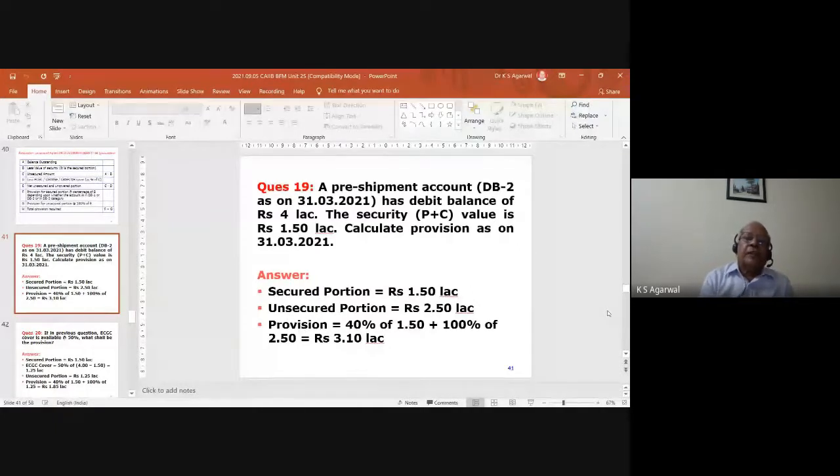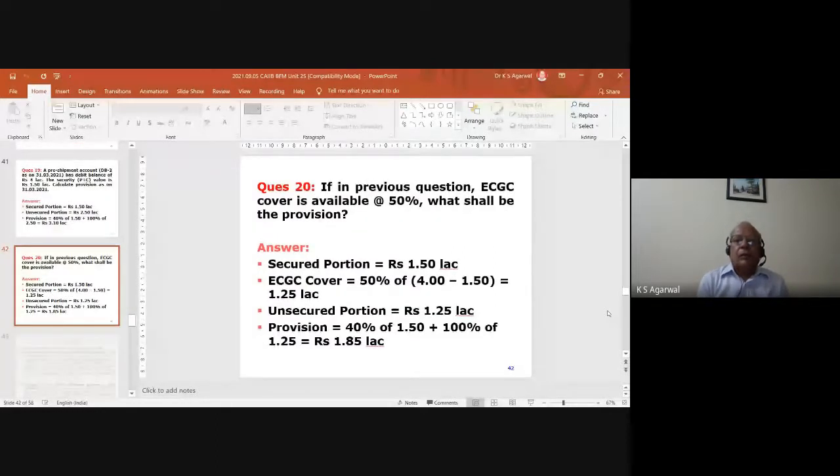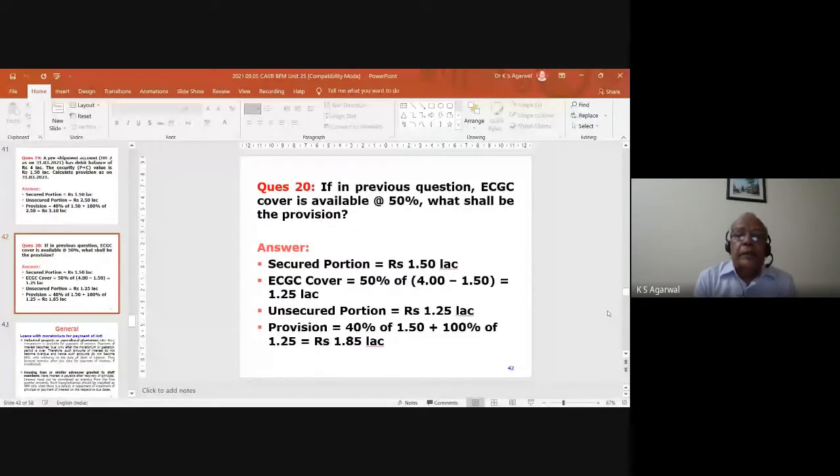Now, if in this case I have got an ECGC cover of 50%, what shall be the provision? Same question. So here my secured portion is 1.50 lakh. I will first reduce 1.50 from 4 lakh book outstanding, and thereafter I will apply ECGC ratio.